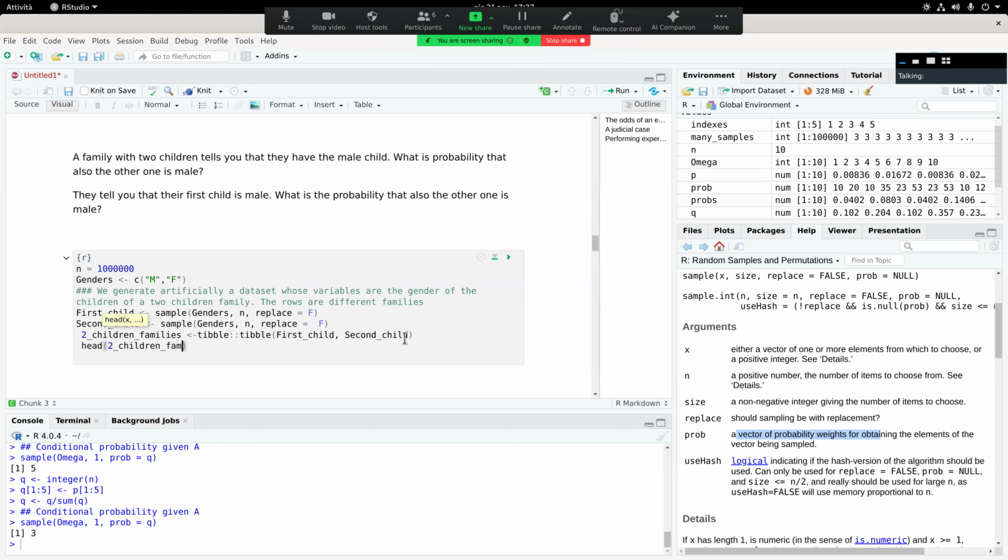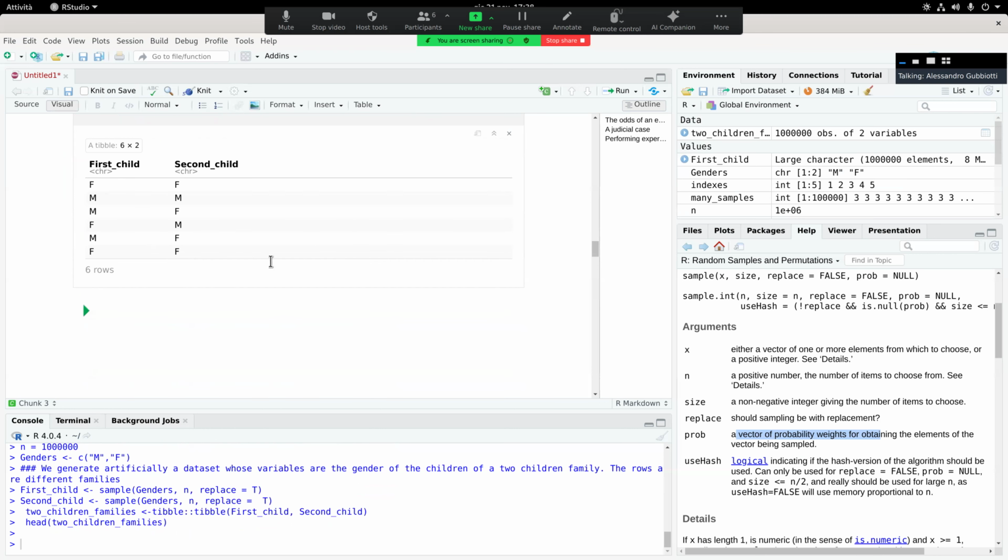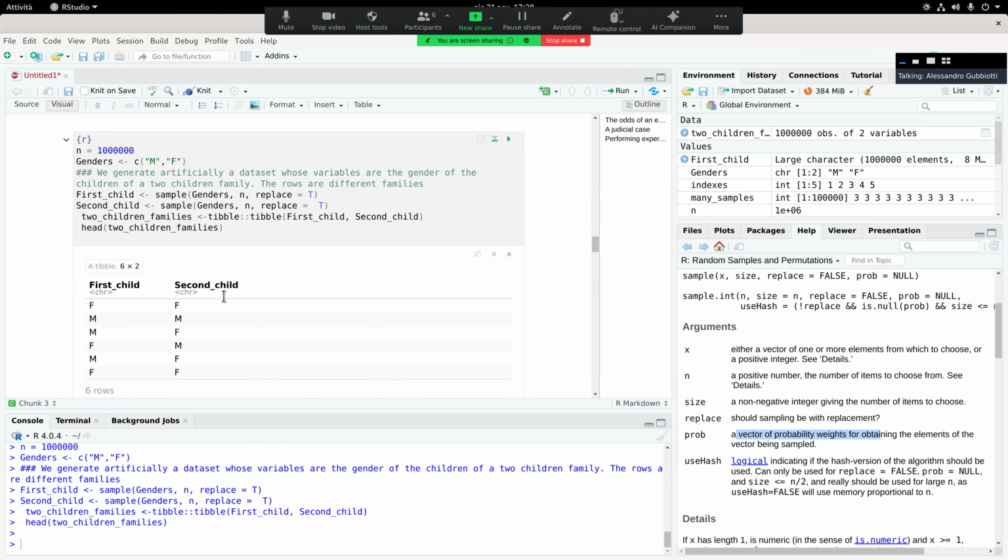The replace has to be equal to true, sorry. So I generated a fake dataset, an artificially generated dataset of families with two children. We will use it later to solve this exercise computationally.